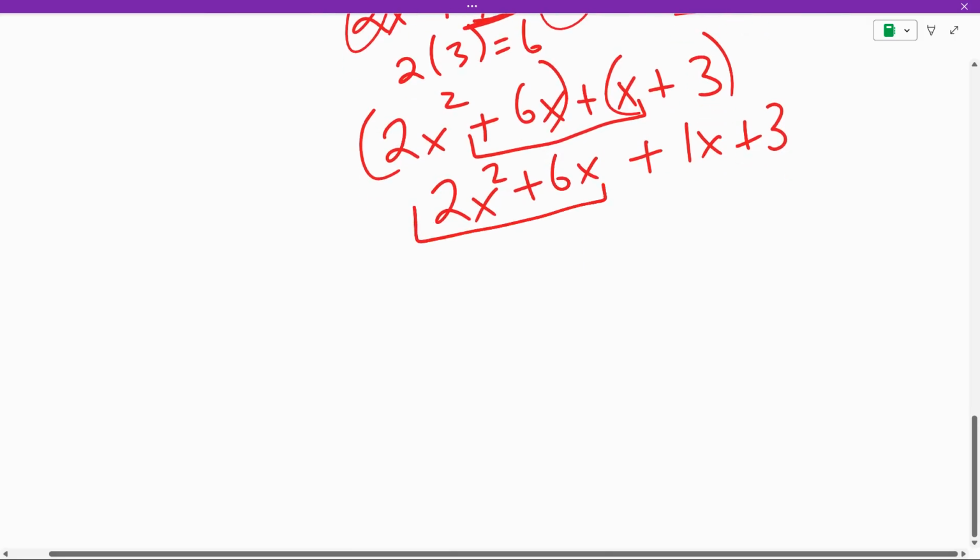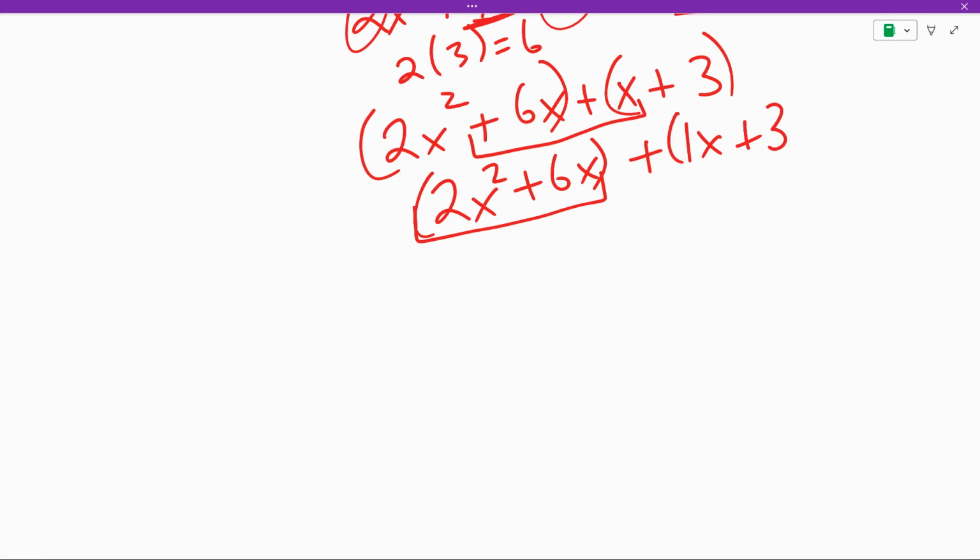Looking at this group, what common factor can we take out of 2x squared plus 6x? We can factor out a 2x, because then we get 2x times x, since 2x squared divided by 2x is just x, and 6x divided by 2x is just 3.